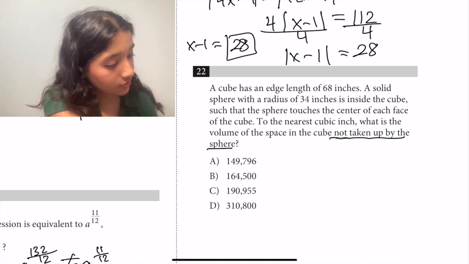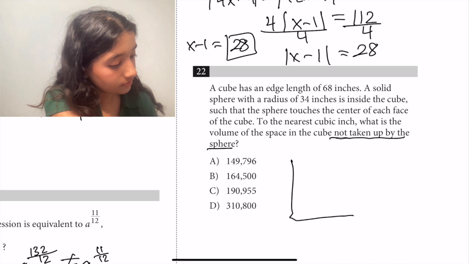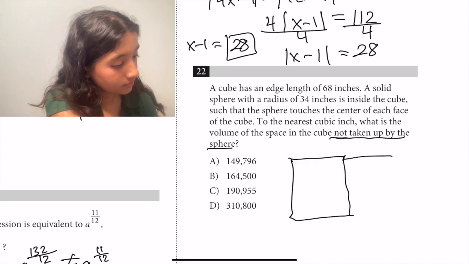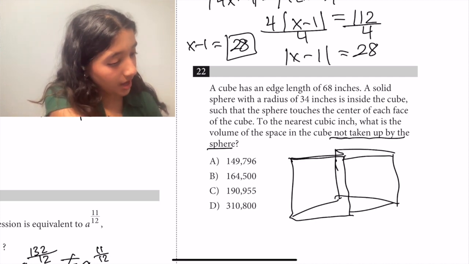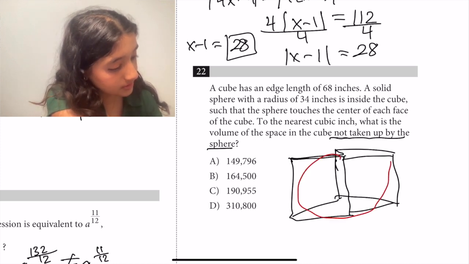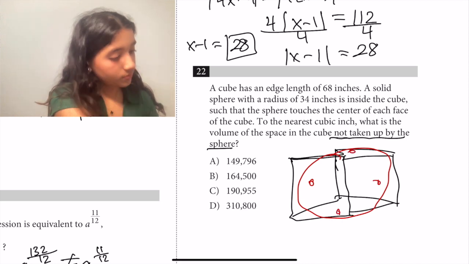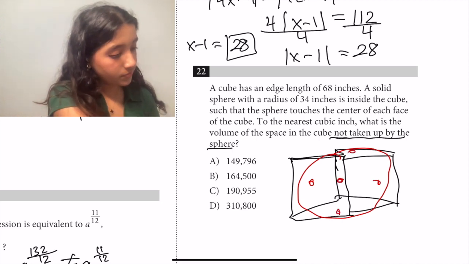We have a cube that looks like this. Not the best drawing, but you get the point. And we have a sphere inside of it that touches all of the faces, and they share the same center.